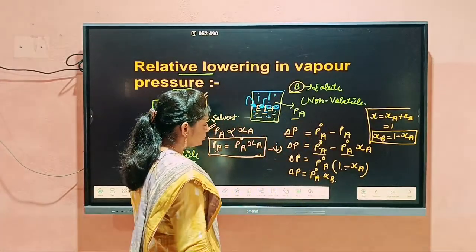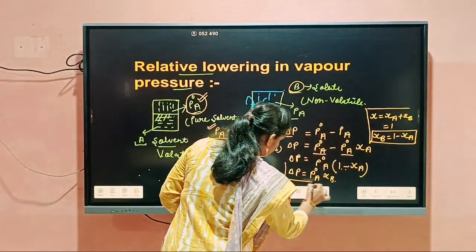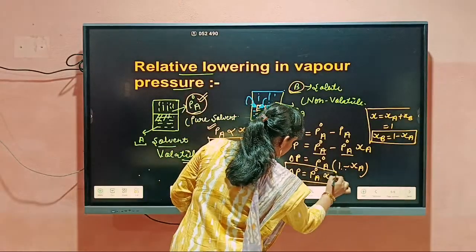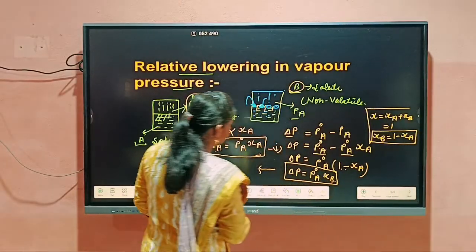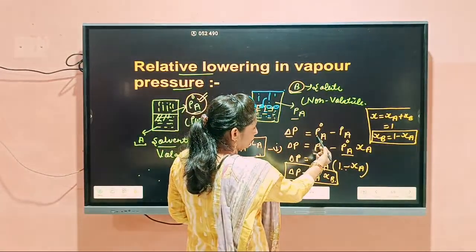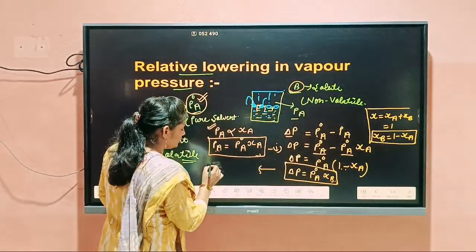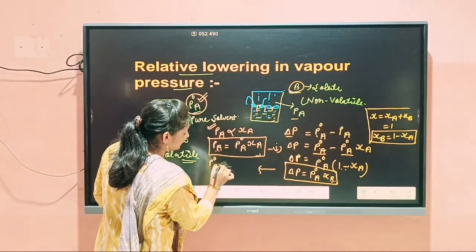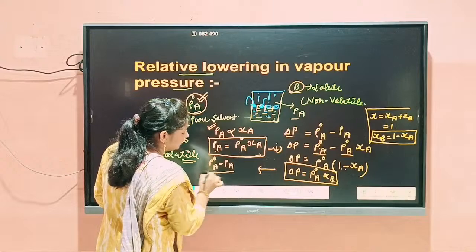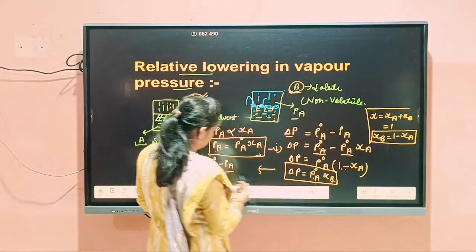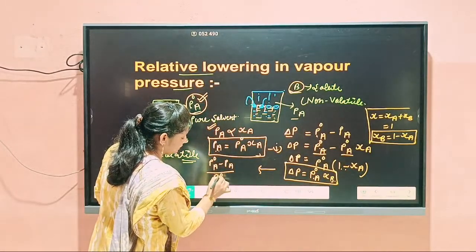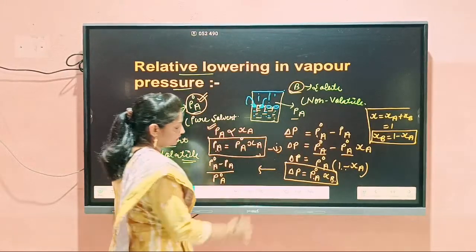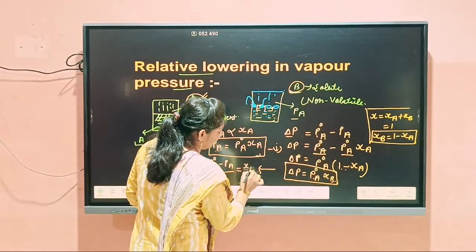Okay, students. So I can write it this way. Delta P is equal to P naught A minus PA. So put the value of delta P, P naught A minus PA. If I take this P naught A to this side, it is equal to XB.